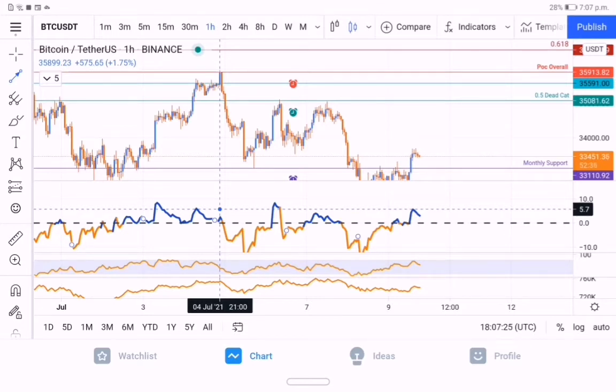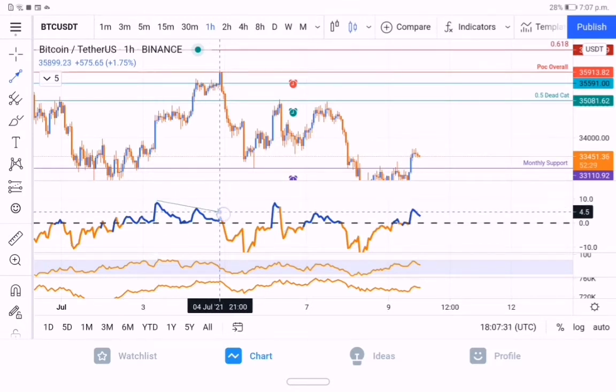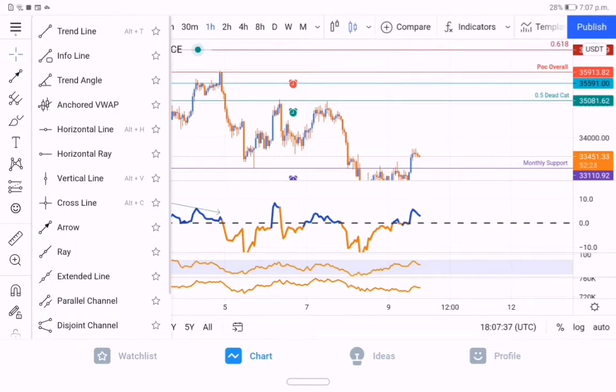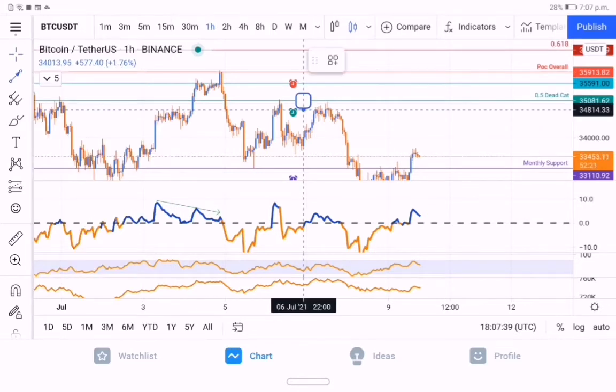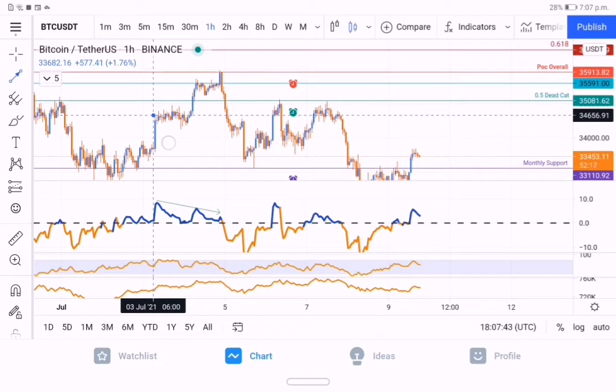I'll discuss what that means, but basically this is bearish. You're going to see the indicator moving down and price is moving up.